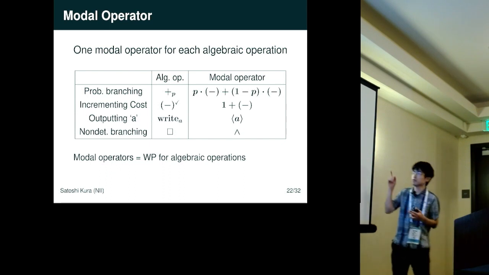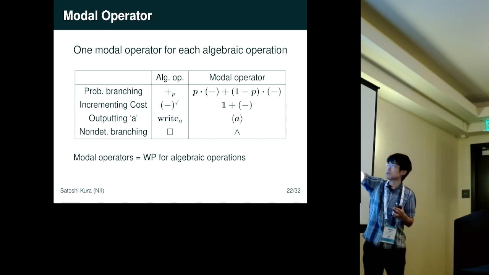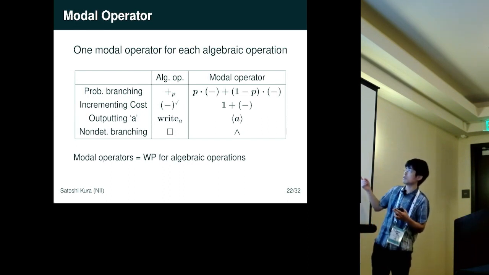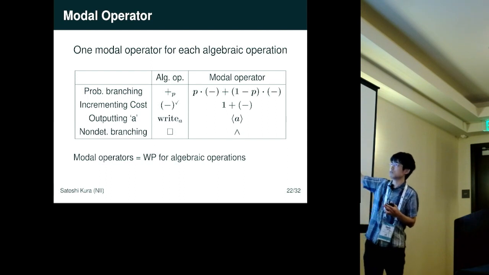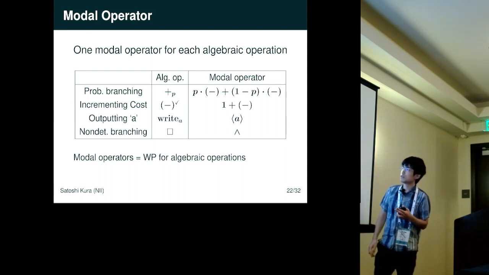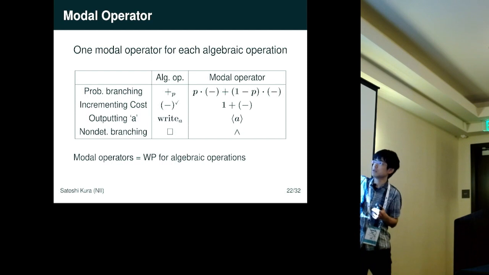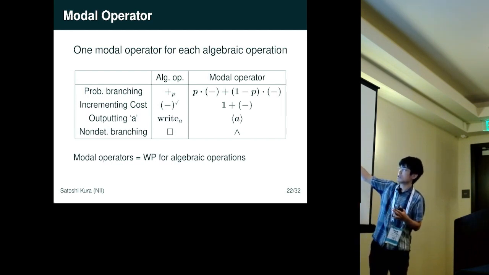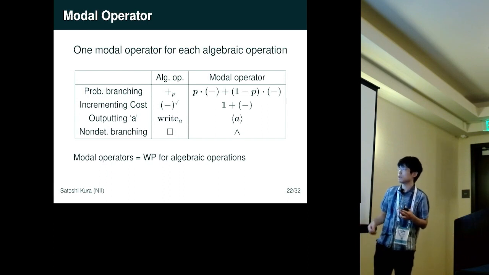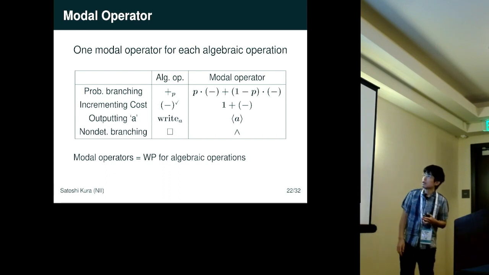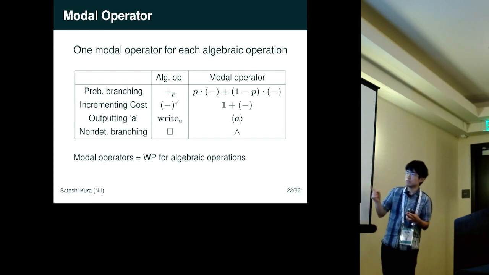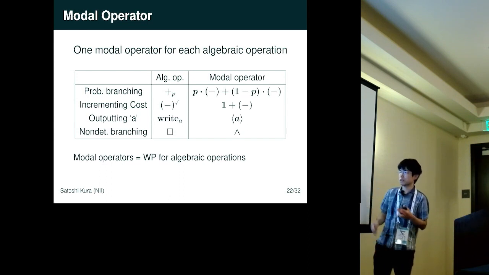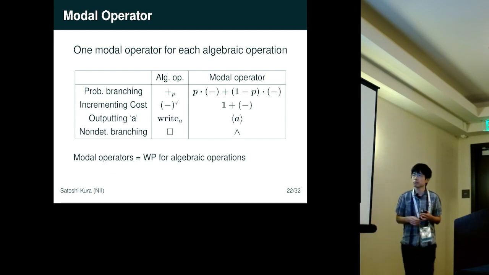For example, for probabilistic branching, we have a corresponding modal operator, which is given by the weighted sum of this form. And also for the algebraic operation for incrementing cost, we have a corresponding modal operator, which is given by addition. And in fact, each modal operator corresponds to the weakest precondition for the corresponding algebraic operation.